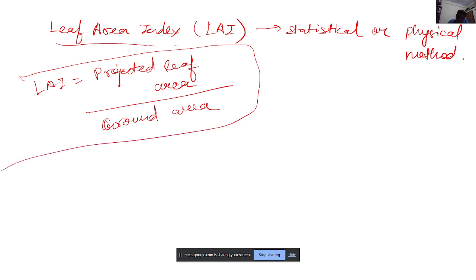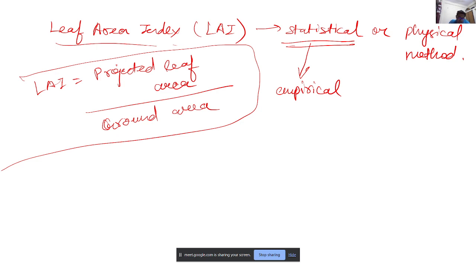The statistical methods are the ones in which they link up some surface reflectance or vegetation index with the LAI using some empirical relationship between surface reflectance or vegetation indices and LAI. Empirical statistical relationships are always data driven.